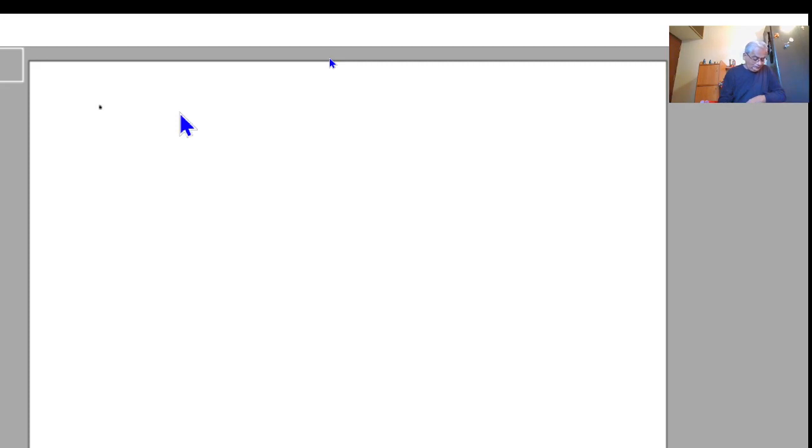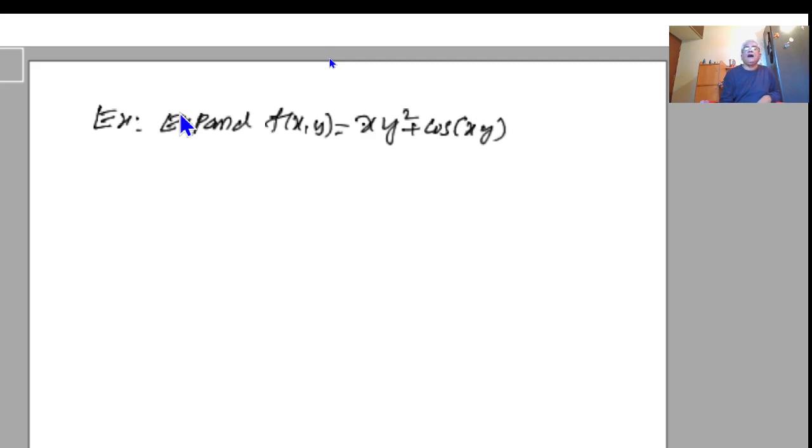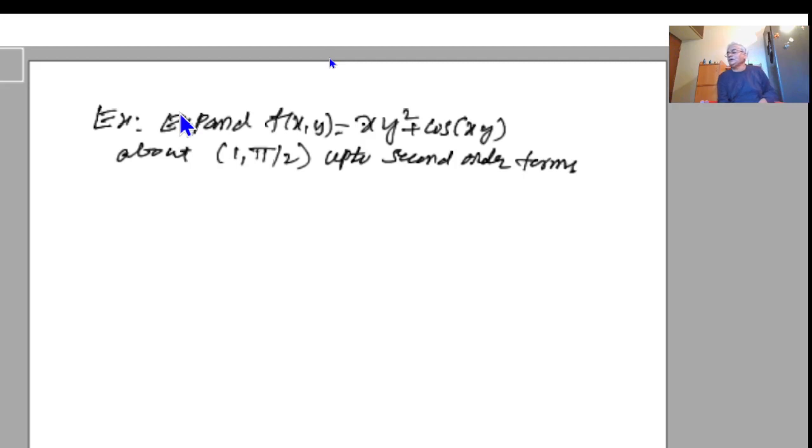One example: expand f of x comma y equal to xy square plus cos of xy about 1 comma pi by 2 up to second order terms, second order derivatives.